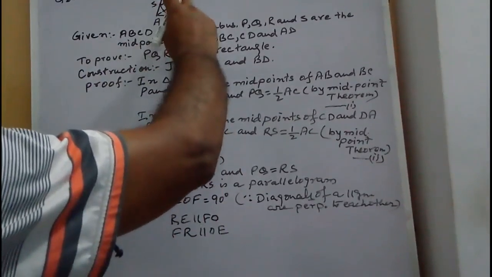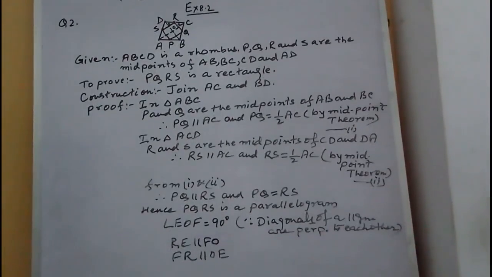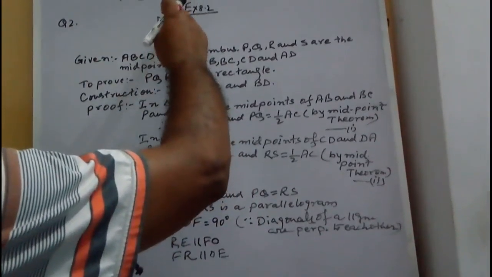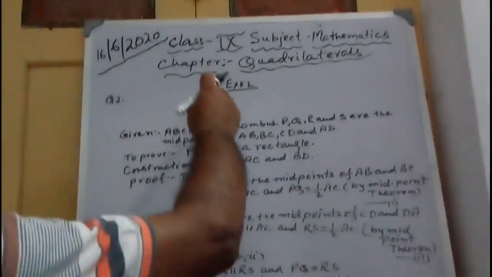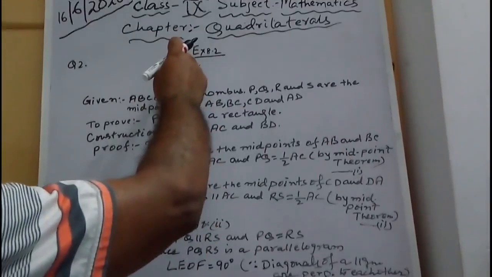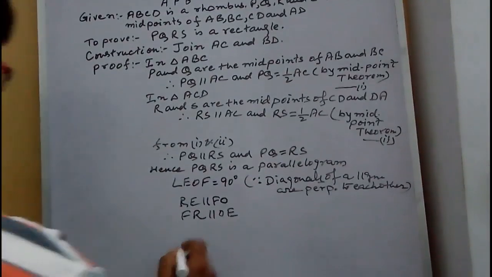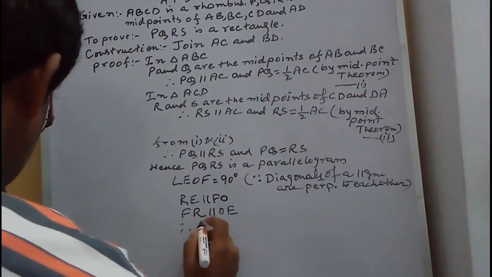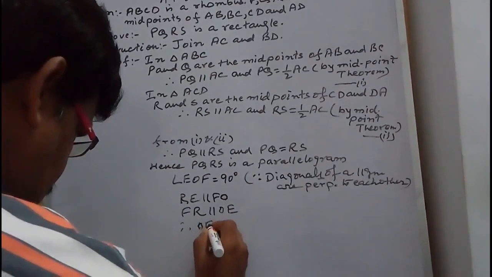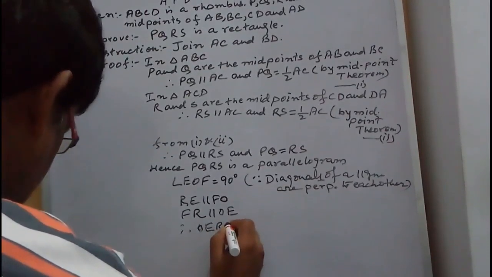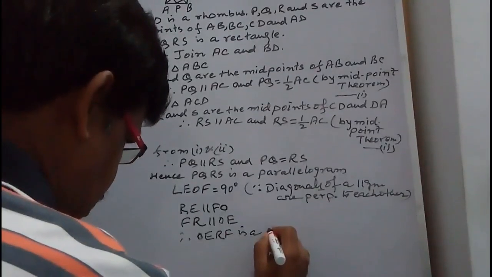Because the sides are parallel to AC, the parts of this figure are also parallel to each other. Therefore, FR parallel to OE, as QR parallel to BD. Therefore, RE is also parallel to OF. Therefore, OERF is a parallelogram.